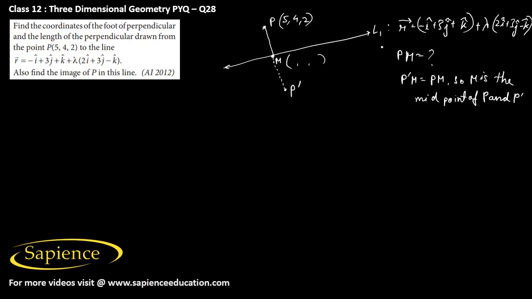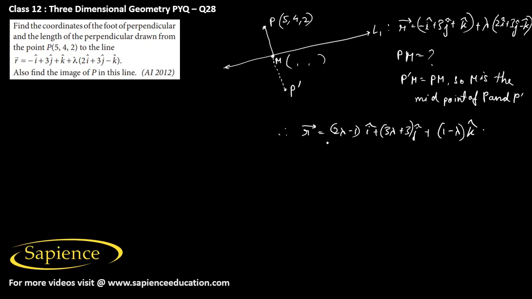So the point M lies on this straight line. Therefore, for any given point on the straight line L1, r vector can be written as (2 lambda minus 1) i cap, and then (3 lambda plus 3) j cap, plus (1 minus lambda) k cap.